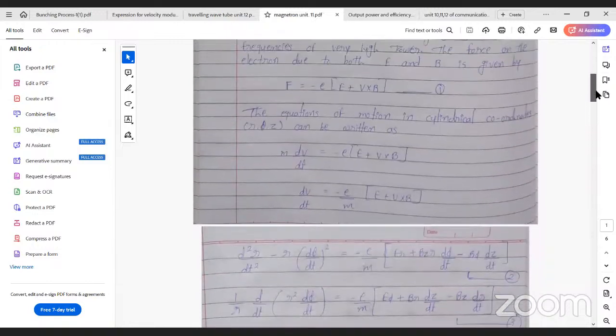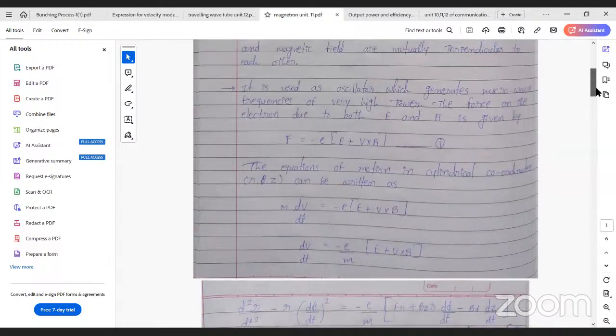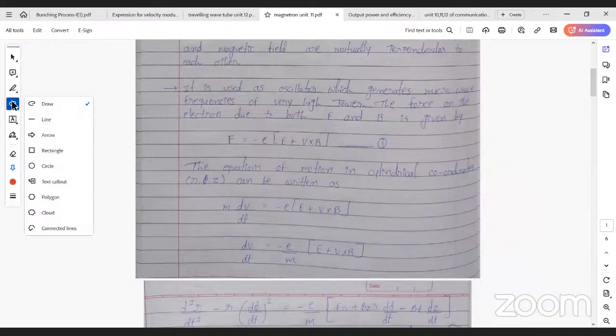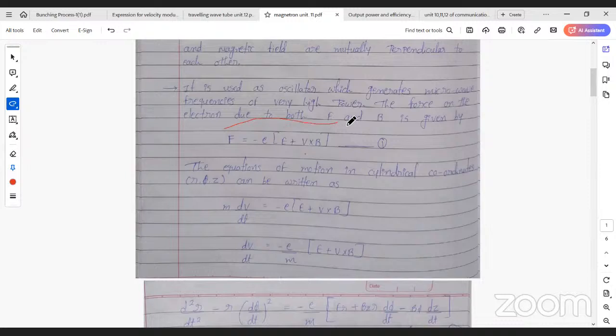Operation is over. Now we are seeing the derivation part. For the derivation, first I am using force, F equal to ma, in terms of electric field and magnetic field. F equal to e times the electric field E plus v cross B, where B is the magnetic field applied, E is the electric field, e is the charge of the electron, and v is the velocity.